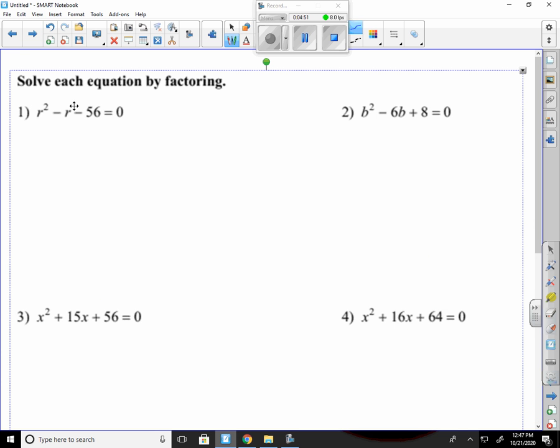Next assignment, we continue factoring. I have r and r because that multiplies to give me r squared. Now what multiplies to give me negative 56? Since this is a negative and a negative, it tells me that it's a negative and a positive.